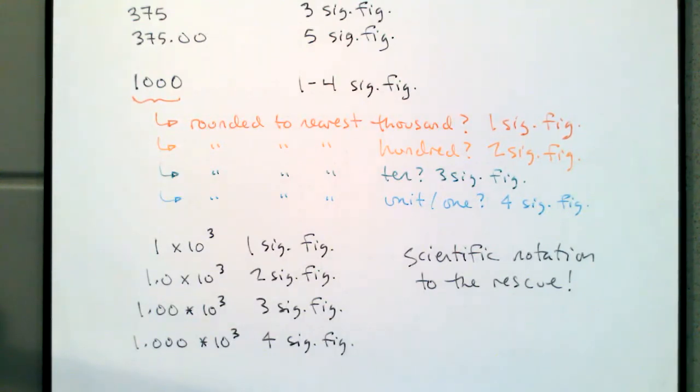Any questions? So in general, if you haven't been instructed to round to a particular place, then you should use a number of significant figures based on whatever number you're given that has the least number of significant figures.